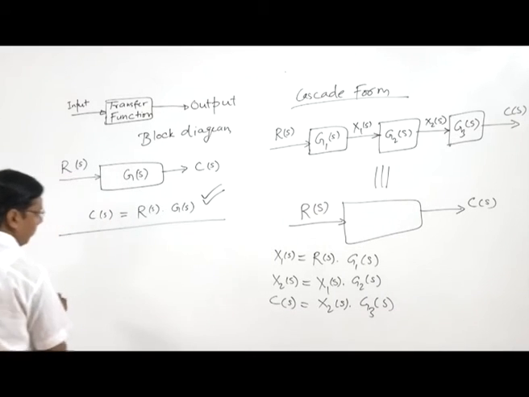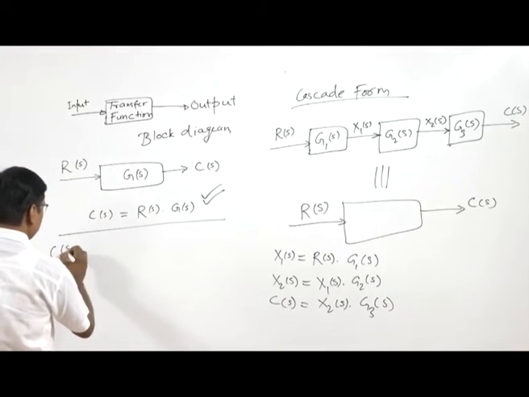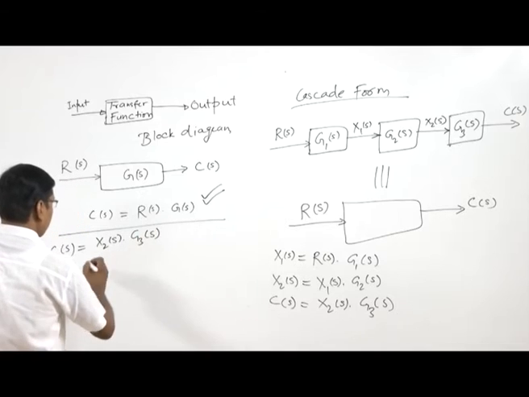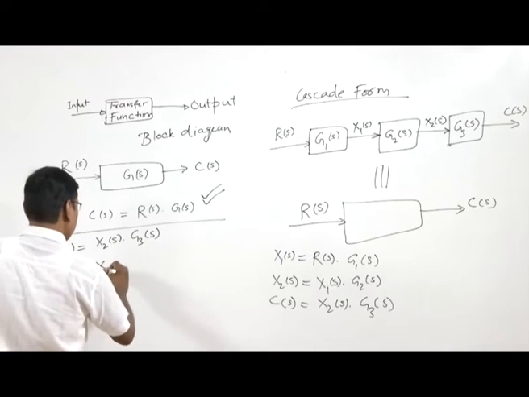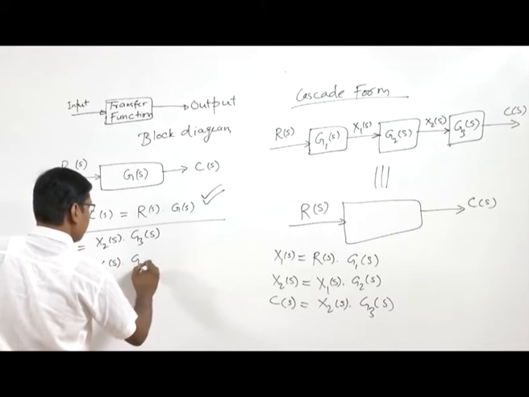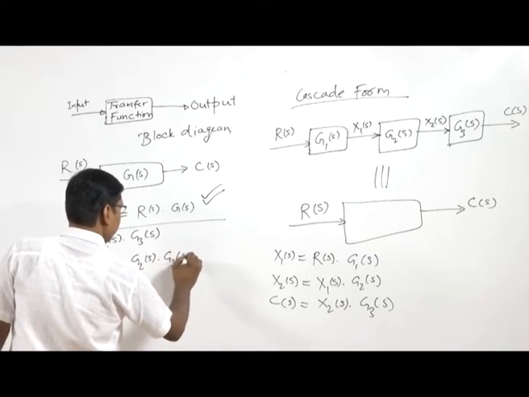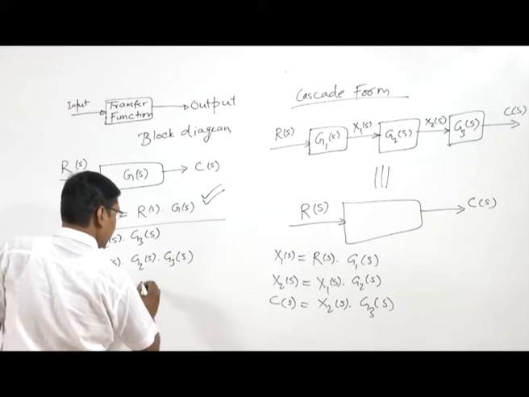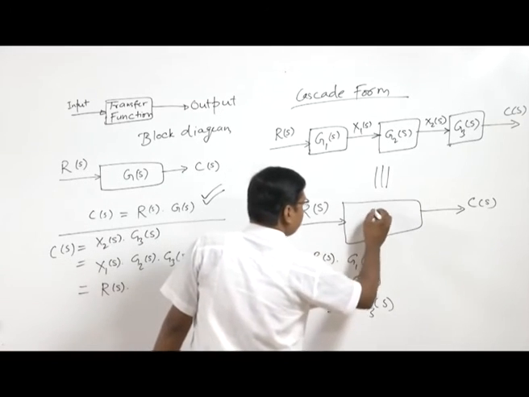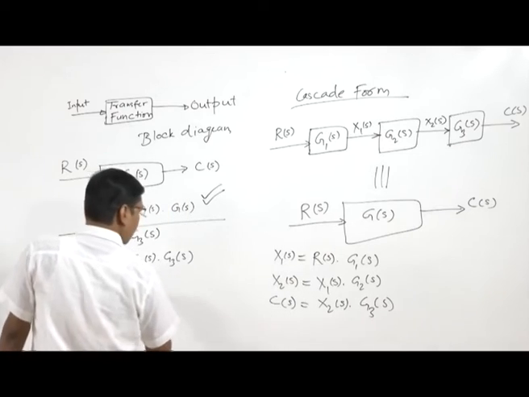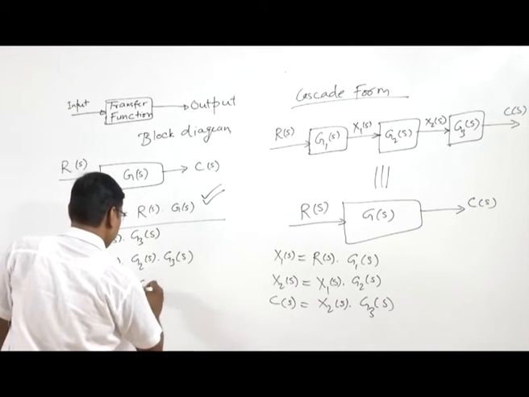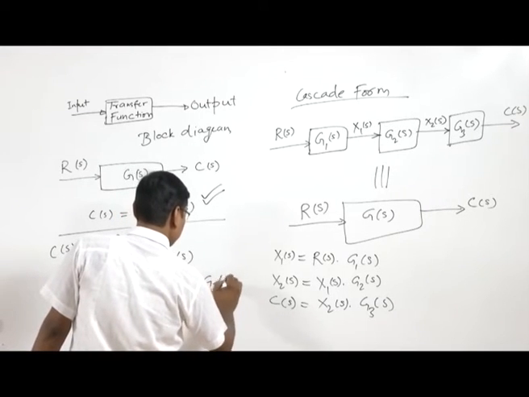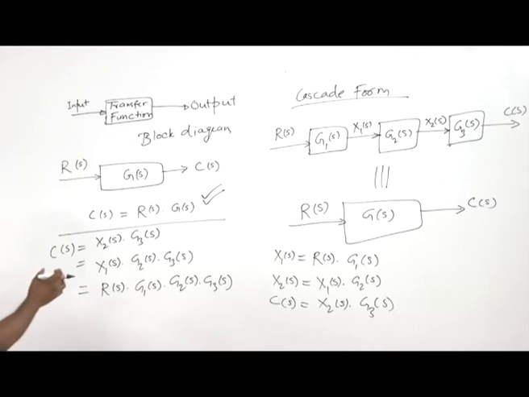Now, here C(s) equals X2(s) into G3(s), and X2(s) is X1(s) into G2(s) into G3(s), and X1(s) equals R(s) into G1(s). Let's say this is G(s). So you see what we are doing.